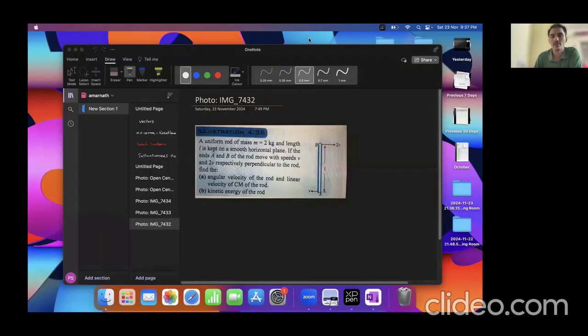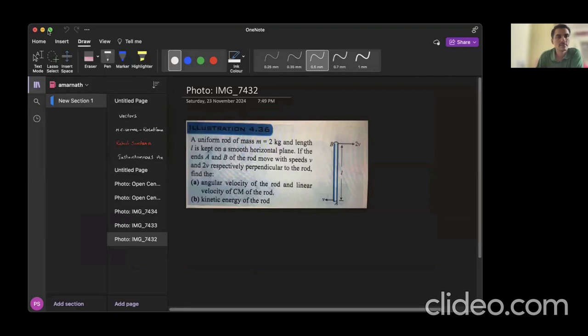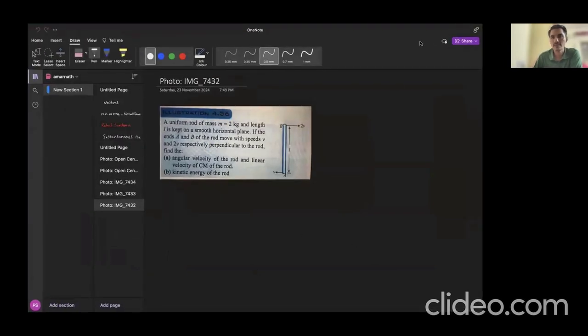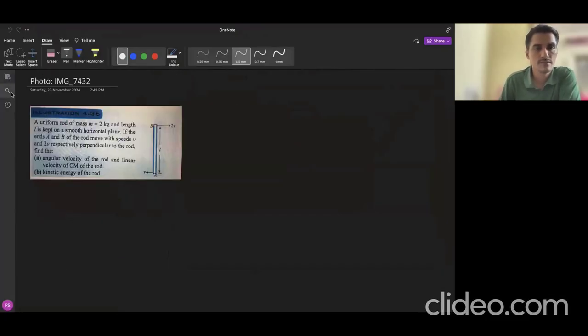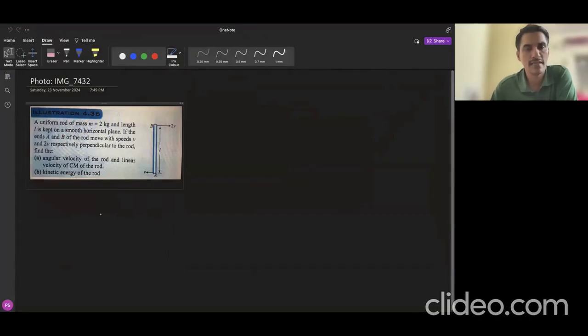Now the first one is as follows. Observe this. A uniform rod of mass 2 kg and length L is kept on a smooth horizontal plane.